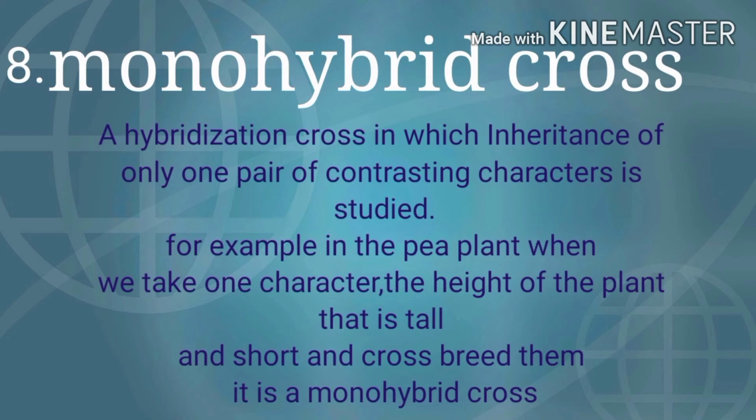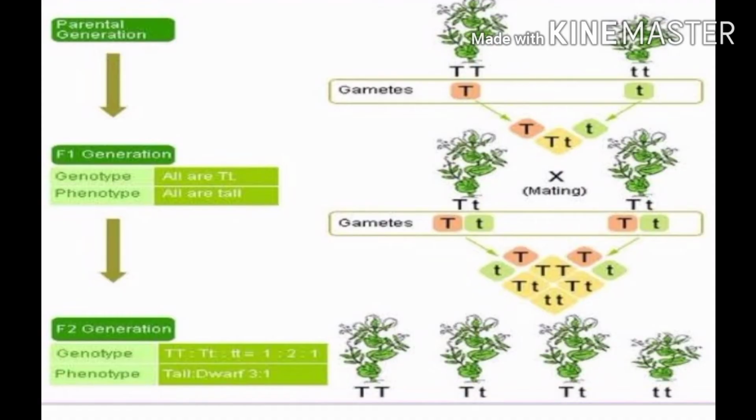You can see here in this figure. In this pea plant experiment, when we have taken two plants of different height, one tall and the other short, and crossbreed them, then this type of cross is called a monohybrid cross.